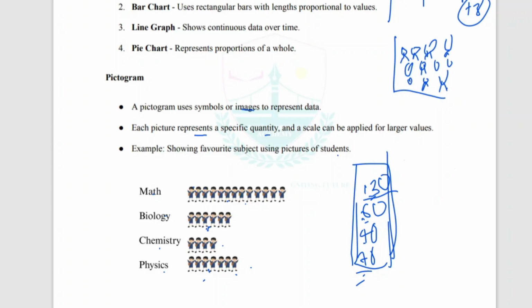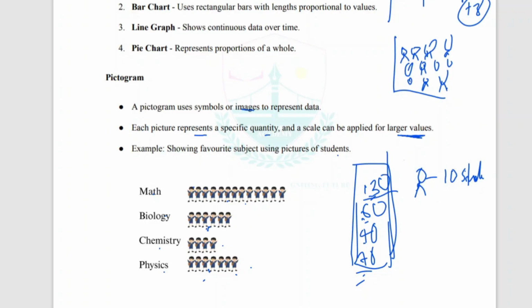Therefore, we can say, let one boy or one girl represent 10 students. That is, if the values are large. But since our values for this case, the number of students, were few, we just use them directly, because we can draw the 13, the 7, the 6, the 4 boys, all students, on the pictogram.